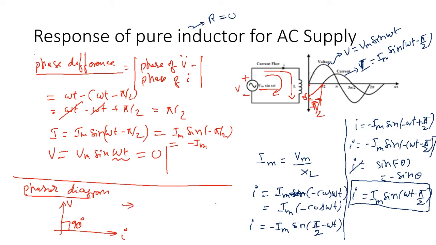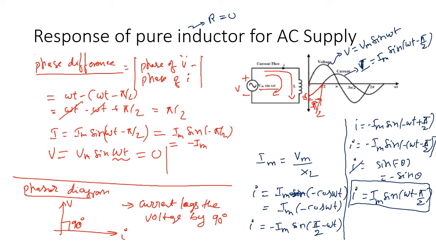So here the current lags the voltage by 90 degrees, or pi by 2. That we have to remember; this phasor diagram is very important to remember. The voltage is ahead of the current by 90 degrees. In other words, the current lags the voltage by 90 degrees.